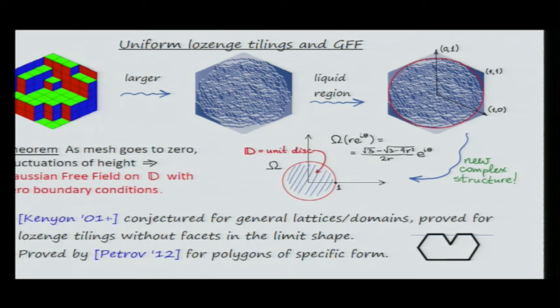Okay, so going to the question as to why the Gaussian free field appears in the GUE matrices, I will start from something else. That something else is tiling models. So I take a hexagon and I tile it with 3 types of rhombi drawn on the triangular lattice.